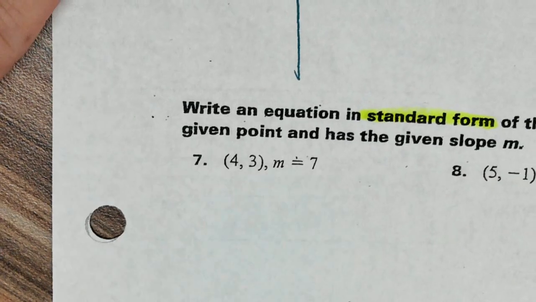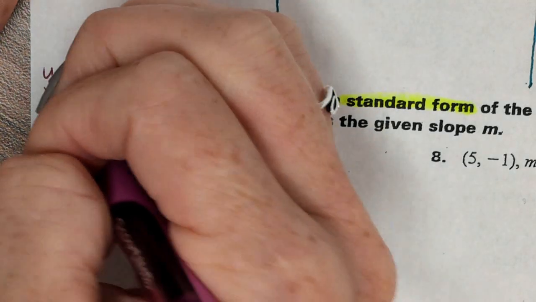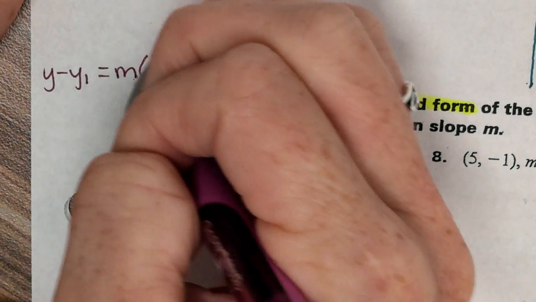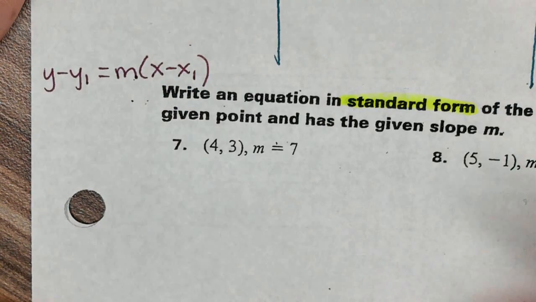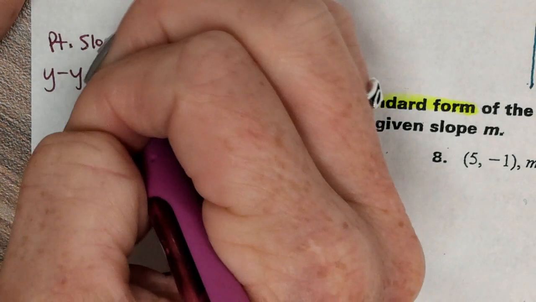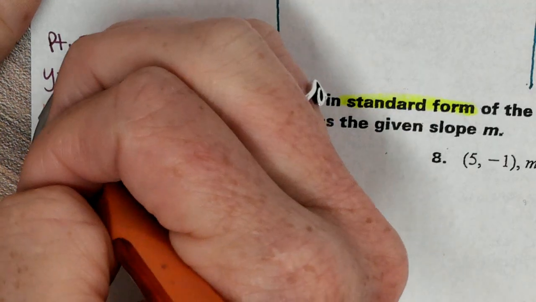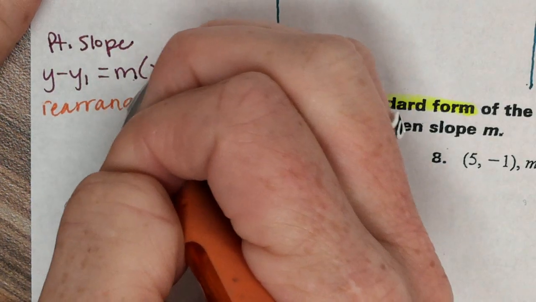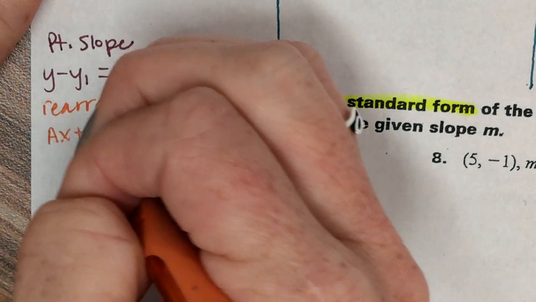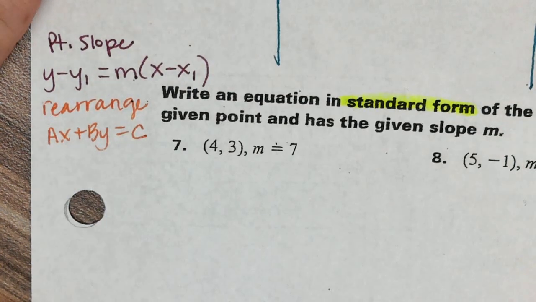So right here, I want y'all to write y minus y1 equals m, open parentheses, x minus x1. That is point slope. Why would I do that? Because they gave me a point and a slope. Then I'm going to take that and I'm going to rearrange it to ax plus by equals c.